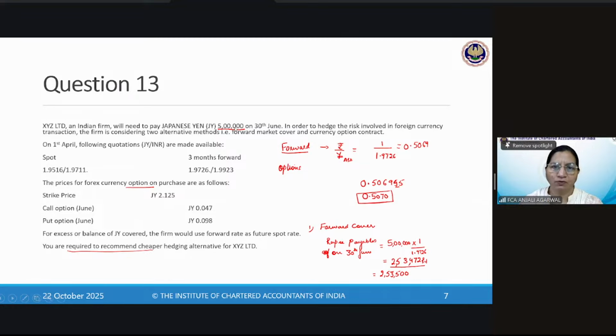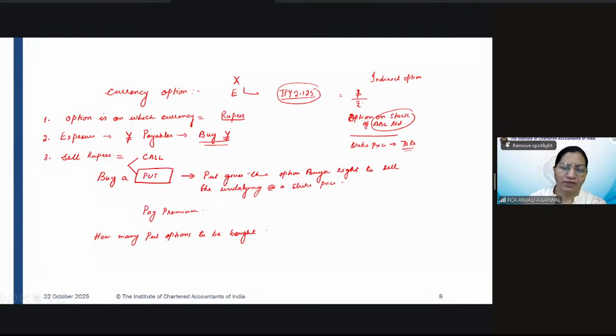Total requirement was for 500,000 yen. So we need to buy how many put options to be able to sell how many rupees. 500,000 divided by 2.125. All right.